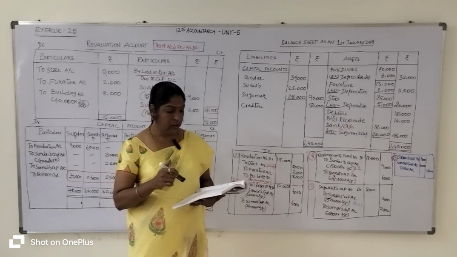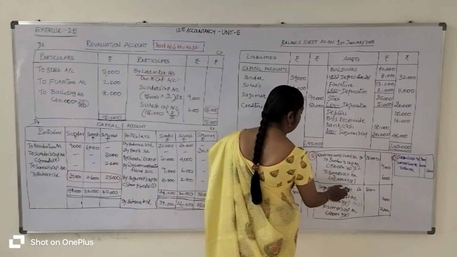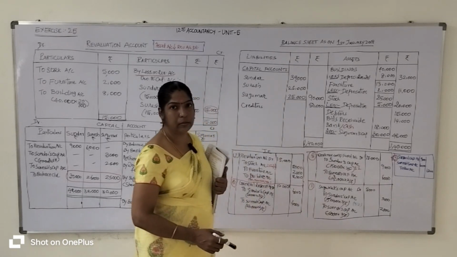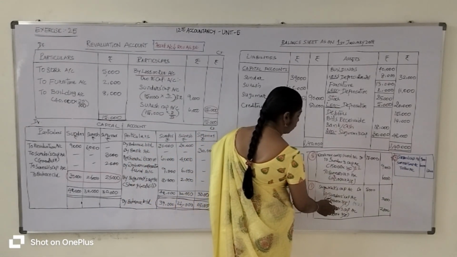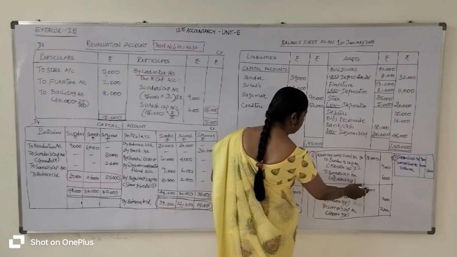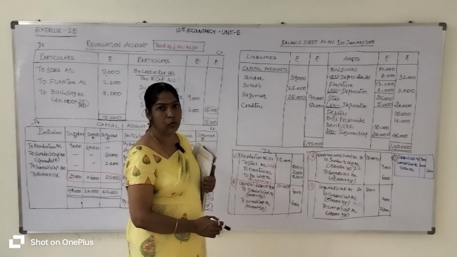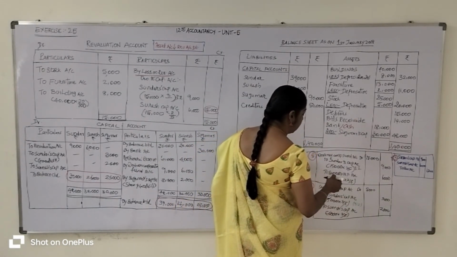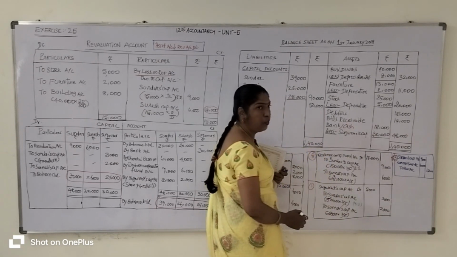So what is the journal entry? Sukumar's capital account debit 5,000 rupees to the old partners' capital accounts. Who are the old partners? Sundar and Suresh. So that 5,000 rupees will be distributed in the sacrificing ratio, that means the old profit sharing ratio, 3:2.